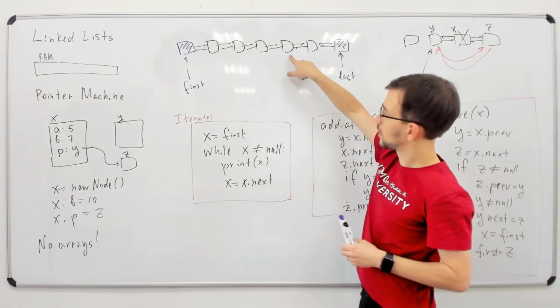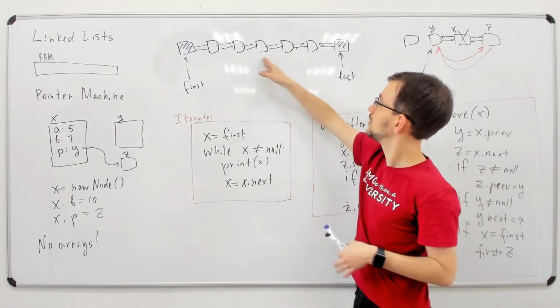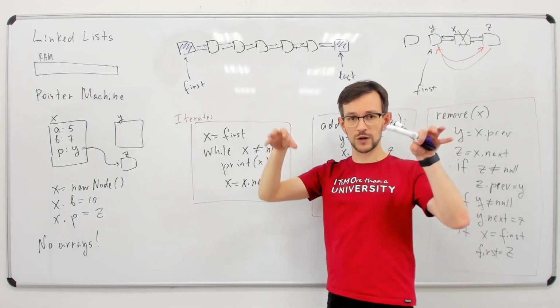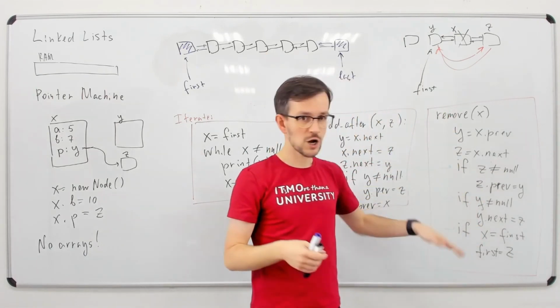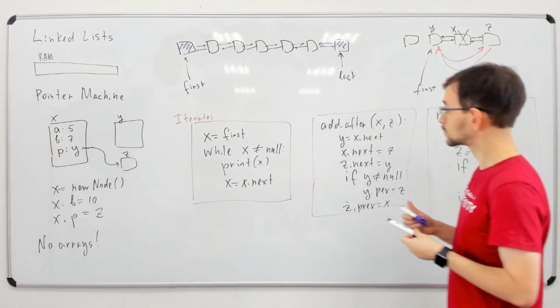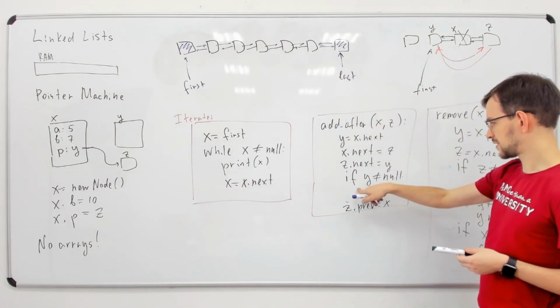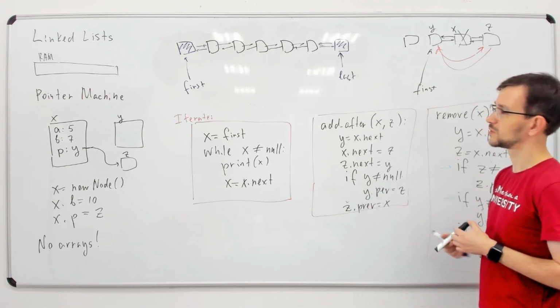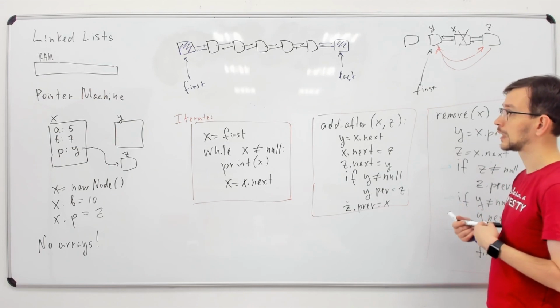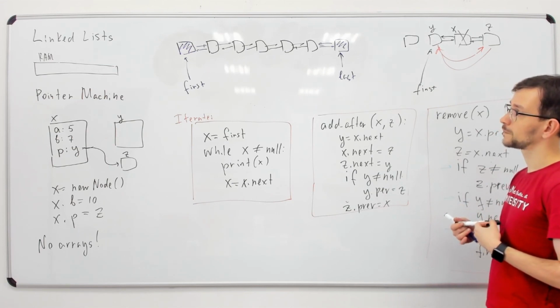You can only remove elements in the middle, and for each element here, you have the pointer to the previous and next element. You always have these two elements, so you don't need to check if you have null pointers there. That's how it works. And also you don't have this if statement because this y cannot be null. That's all.